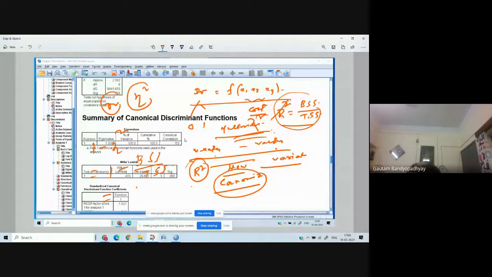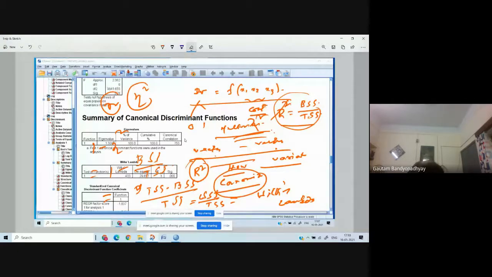That is equal to (TSS minus BSS) by TSS, which is equal to WSS by TSS. And it is nothing but Wilks' lambda. So Wilks' lambda is the unexplained part, and canonical correlation is the explained part.